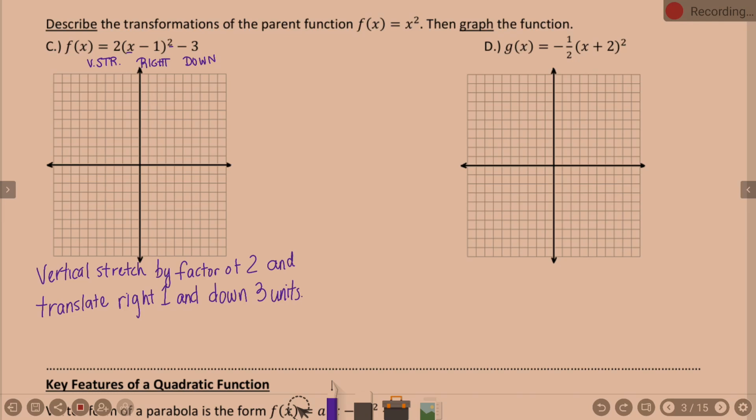Let's start with our vertex. Where's our graph going? Right 1, down 3. So we have a vertex that is 1, negative 3.